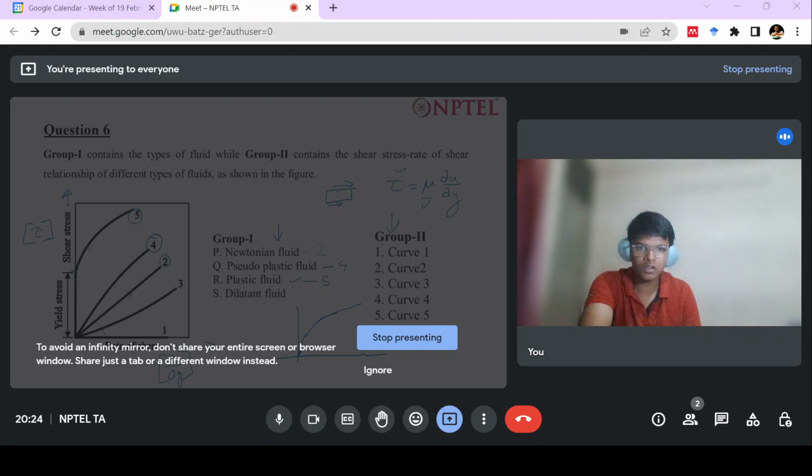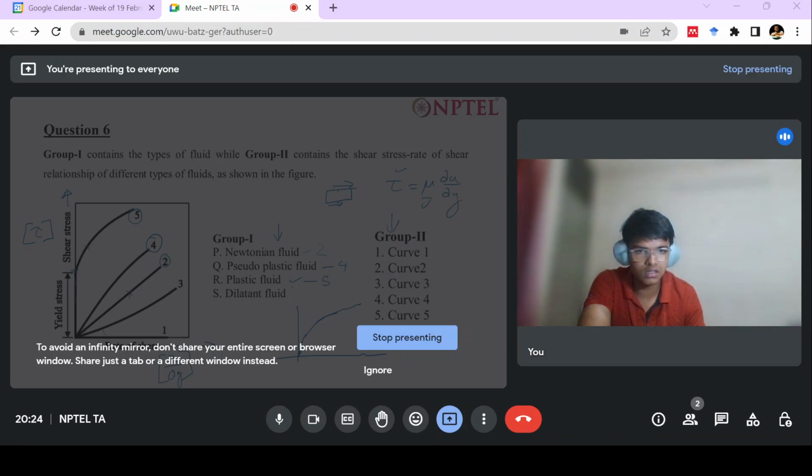What is a dilatant fluid? A dilatant fluid is basically the opposite of pseudoplastic. Here, as you provide more and more stress, it becomes more and more difficult to make the fluid flow. It is as if the viscosity is increasing as I increase my stress.